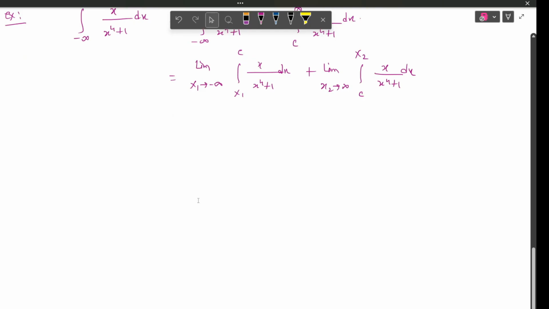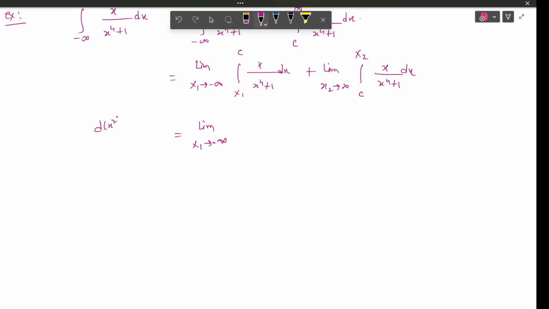Now we can take the substitution method. If we write this x in the form d of x square, what is the differentiation of x square?